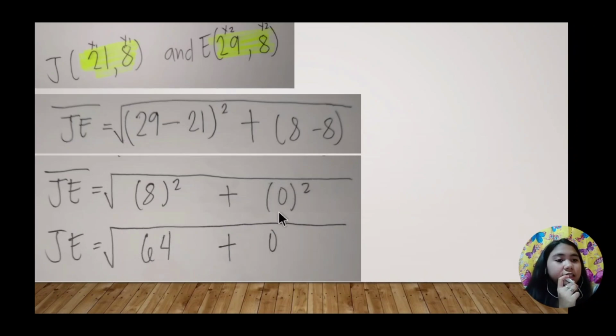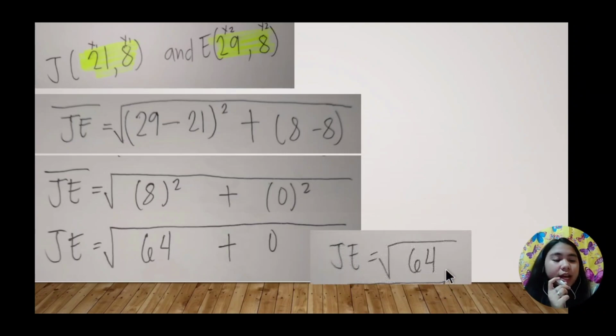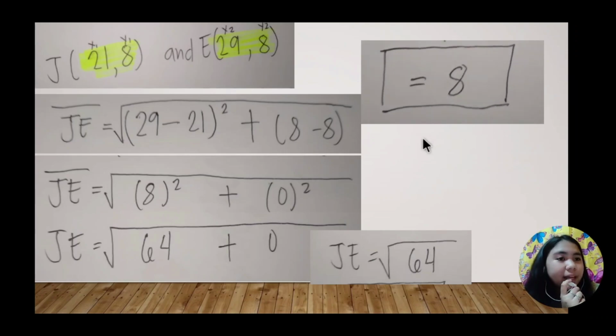And 0 multiplied by itself is also 0. So, 64 plus 0 is equal to 64. We find the square root of 64, which is positive 8. So, this is our answer to example number 2: 8 units.